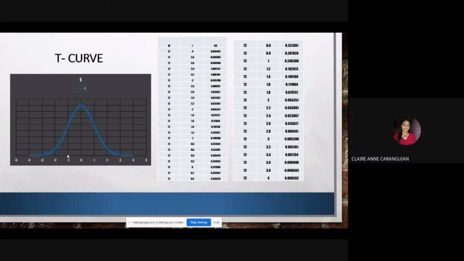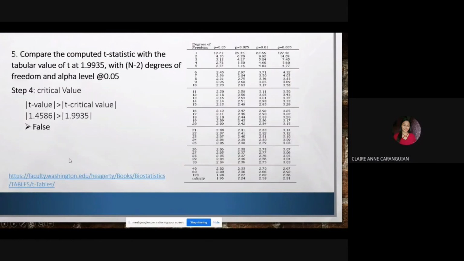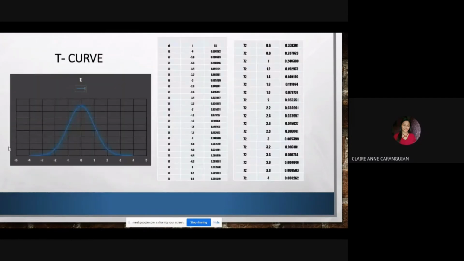Since we got 1.45, it is less than this, so it is inside the region. It means do not reject the null hypothesis.